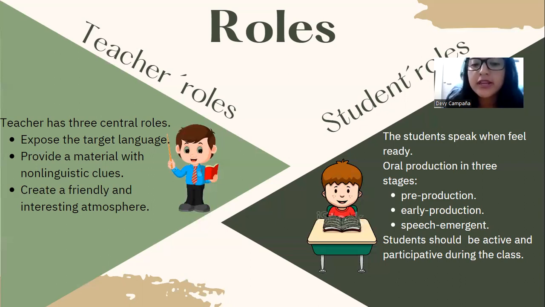Here, students get involved in role plays and games, contribute personal information and opinions, and participate in group communication, communicating personal information, okay? And in this role, the students should be active and participate during the class.